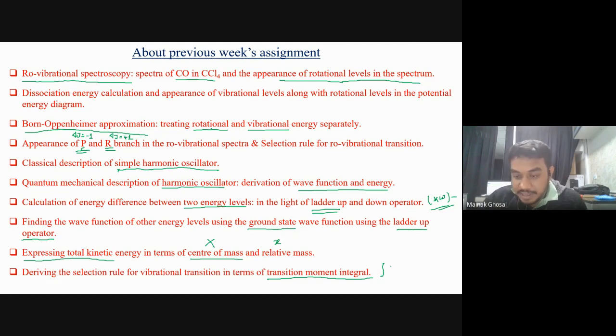The transition moment integral is defined as psi f star mu psi i, where psi f is the final state and psi i is the initial state. This needs to be non-zero; only under this condition will the transition be allowed. The condition that psi f star mu psi i is not equal to 0 is the selection rule.